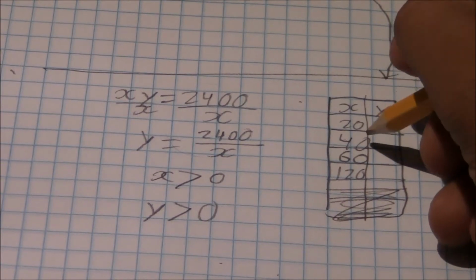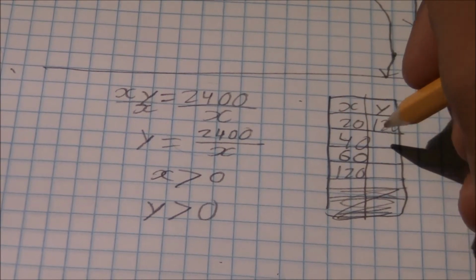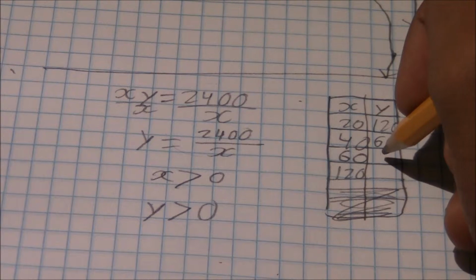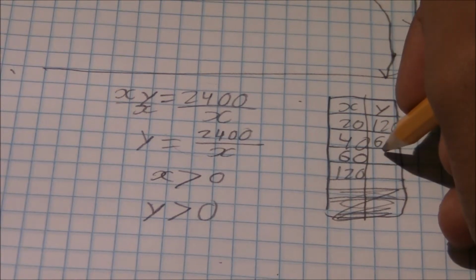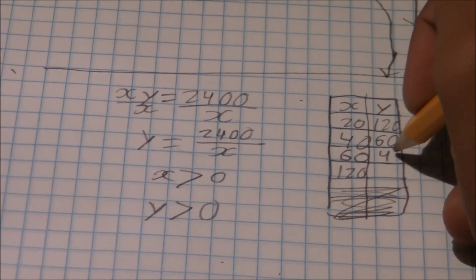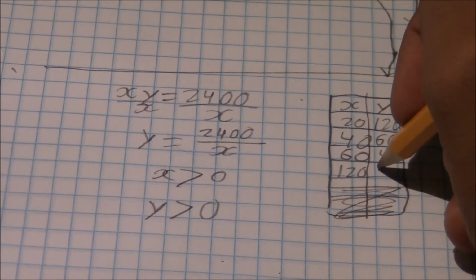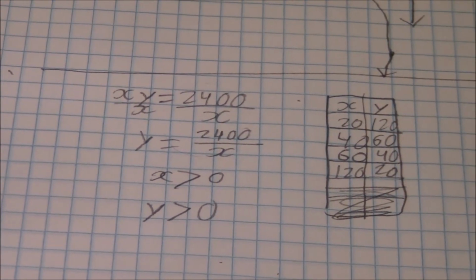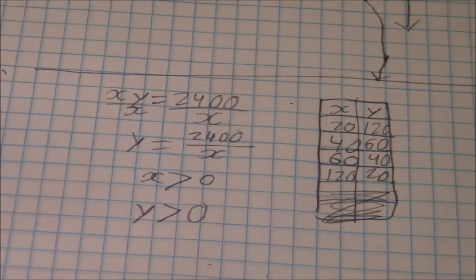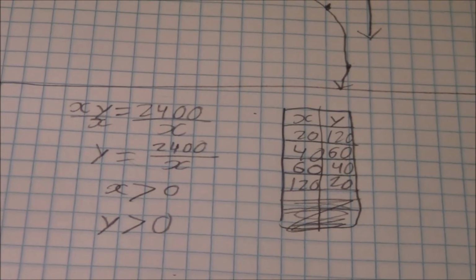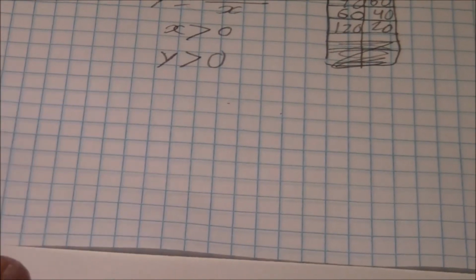Then if you plug 40 in, you're gonna get 60. And 60 is gonna be 40. And 120 is gonna have to be 20. So you have your coordinates now, and now you're gonna graph them.